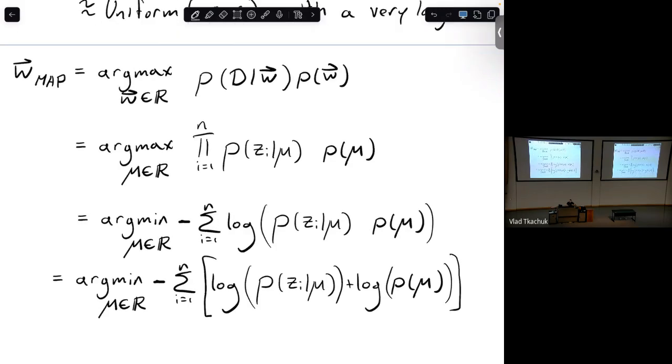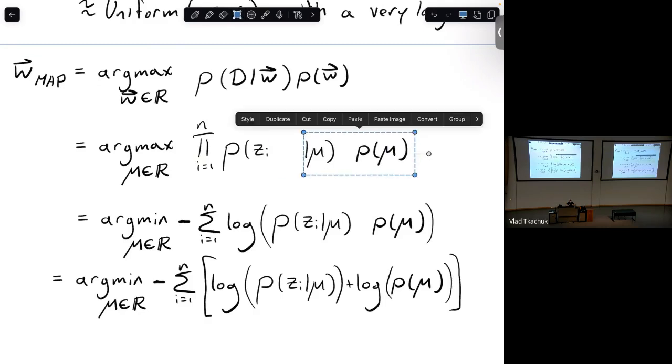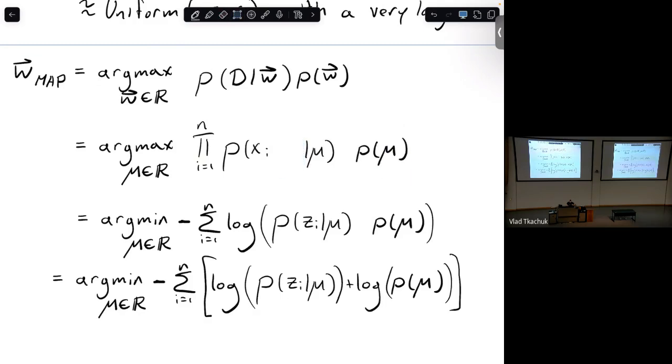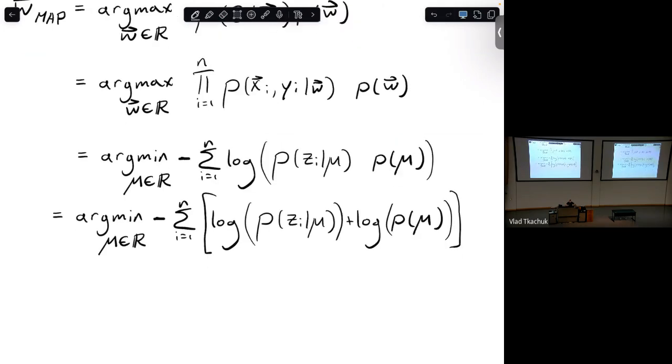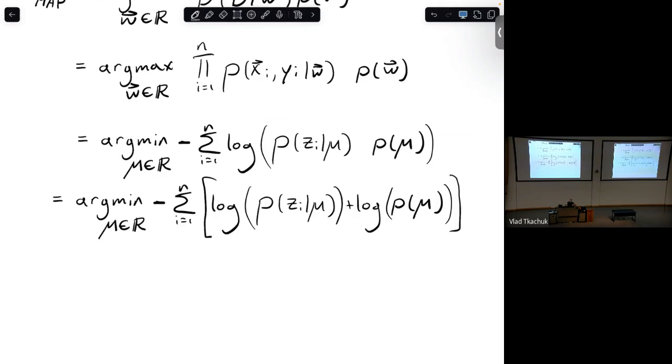Now we're going to rewrite this as the product of these zi's. The zi's were like xi vector, yi. This is W, this is W. After that, we took the negative log likelihood, and then we had this log.